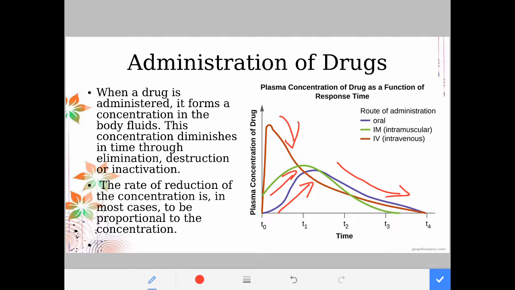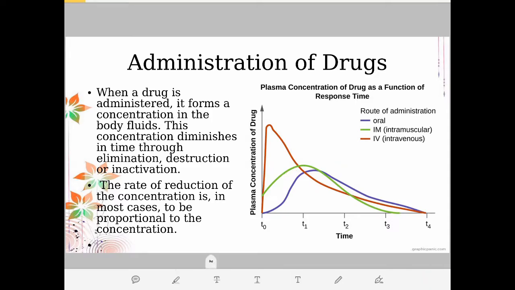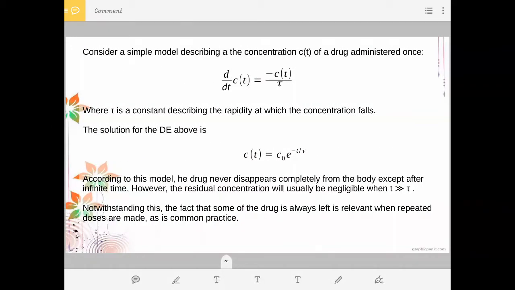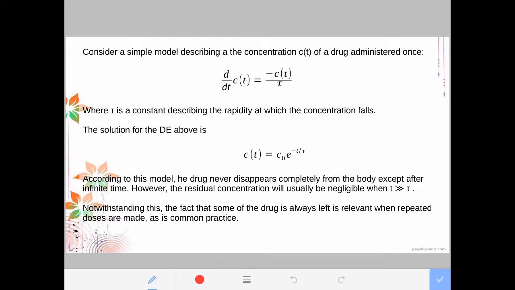So the rate of reduction of the concentration is in most cases proportional to the concentration that you have. Based on that definition, we can express that as a differential equation. So the change in the concentration over time, dC over dt, is proportional, and since it's diminishing, you have a negative sign, to the concentration of the drug, C as a function of t, because the concentration changes over time.